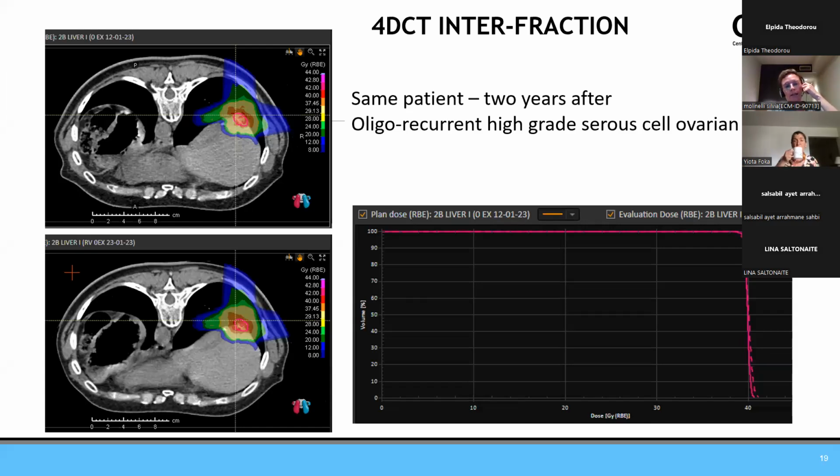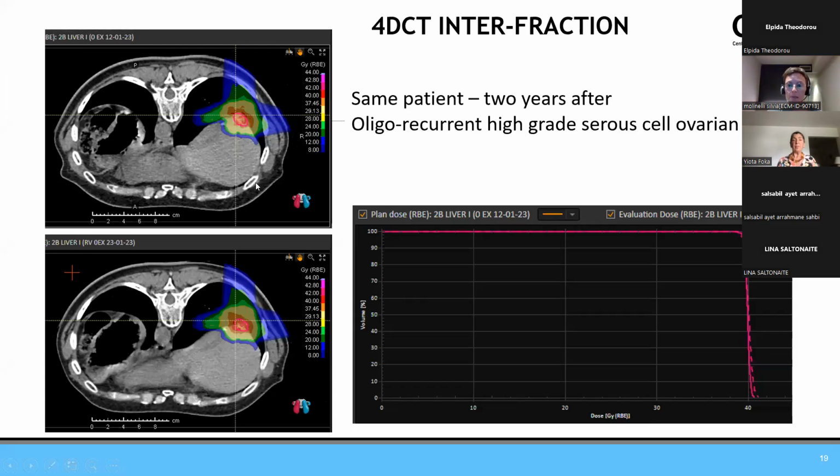I just had this slide because the patient came back after 2 years. This patient has, I'm going to read it, oligorecurrent high-grade serous ovarian cancer, whatever. I asked the medical doctor several times, and she said that this is not a relapse, but a second recurrence of her ovarian cancer. It's a different position.